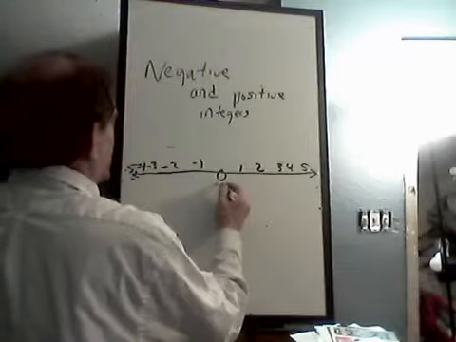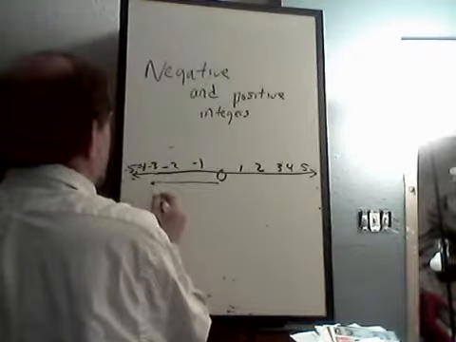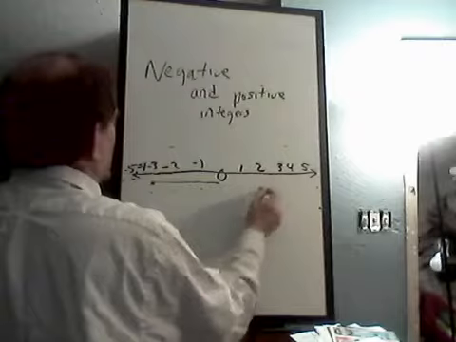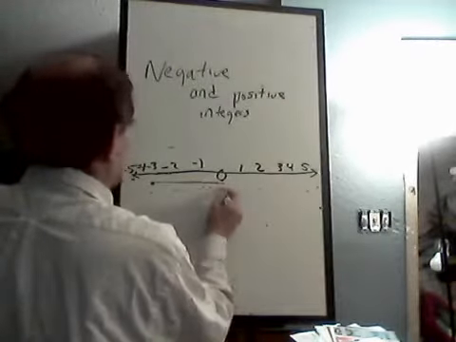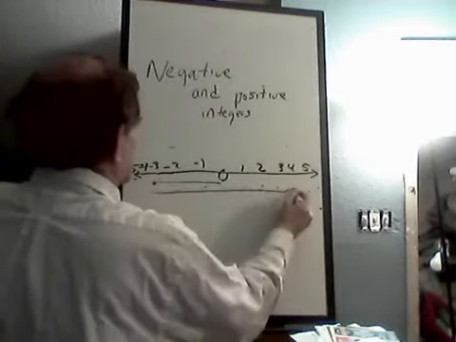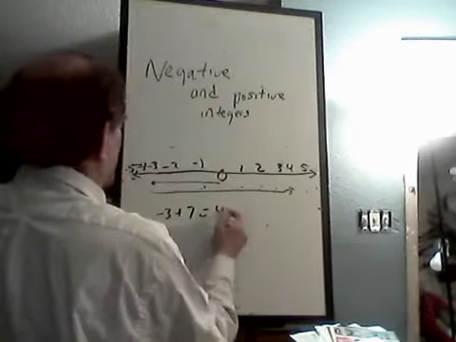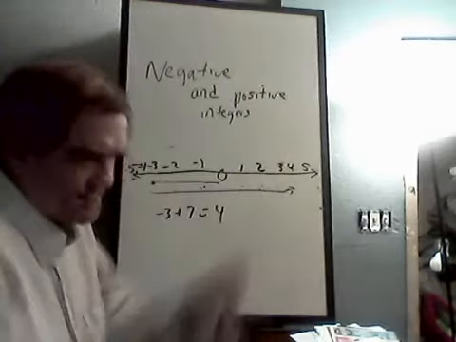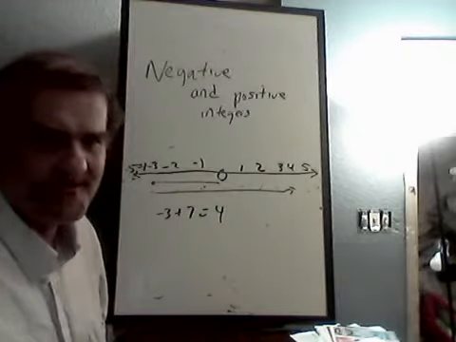If you start with -3 and you're adding 7, you're going 1, 2, 3, 4, 5, 6, 7. You're putting 7 on, you get 4. -3 plus 7 equals 4. The number line can give you a great deal of guidance when doing these.